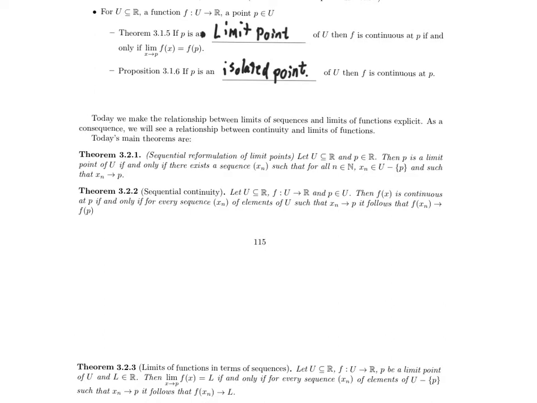Let U be a subset of R. Let f be a function from U to R and P be in U. Then f is continuous at P if and only if for every sequence of elements of U which converges to P, it follows that f of x_n converges to f of P. So, f is continuous if and only if something about sequences.